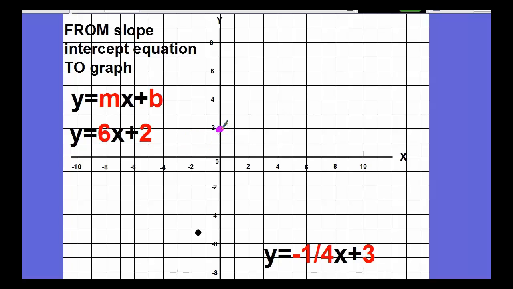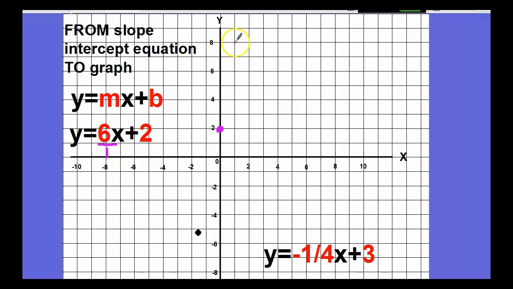And then I need to use my slope to find my second point. My slope is 6, and I'm going to make this into a fraction of 6 over 1. So it's rise over run. Rise is always on y, and run is always on x. So my vertical rise will be positive 6, so I'm going to go up 6. 1, 2, 3, 4, 5, 6. And then my run is 1.